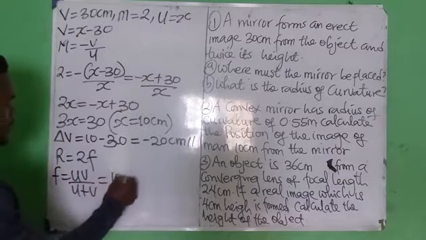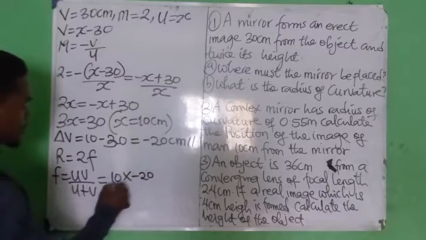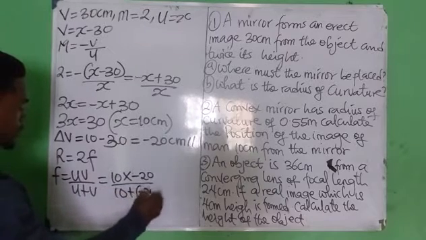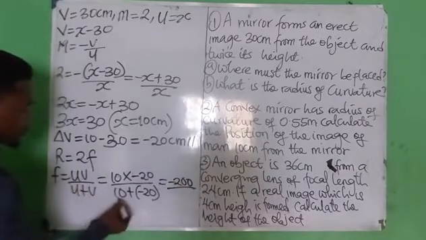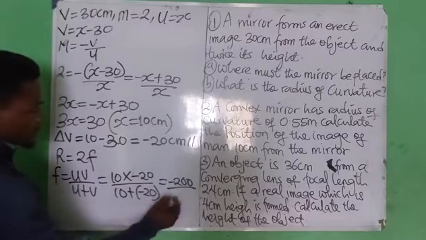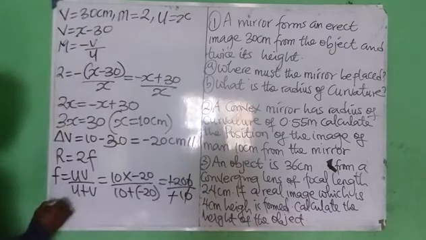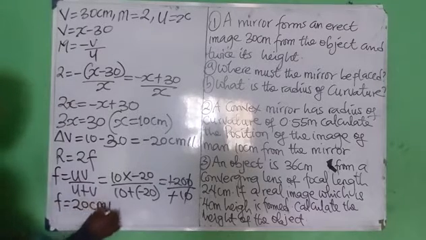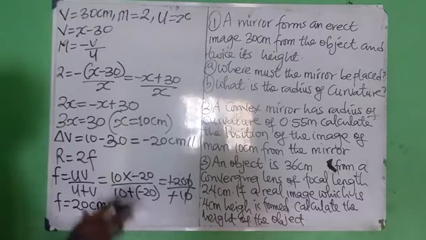I have my u as 10, then times v, which is minus 20, over u 10 plus minus 20. This is minus 200 over, plus times minus is minus, so 10 minus 20 is minus 10. It means that my focal length now becomes 20 centimeters.